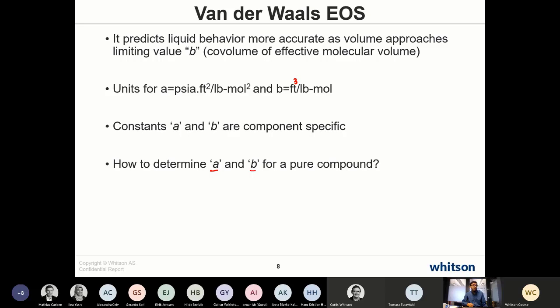Any suggestions from the participants? Anybody want to share some ideas here? If you want to know the best values that we should use for a and b, for example for water, to use the van der Waals equation, how can we come up with that?